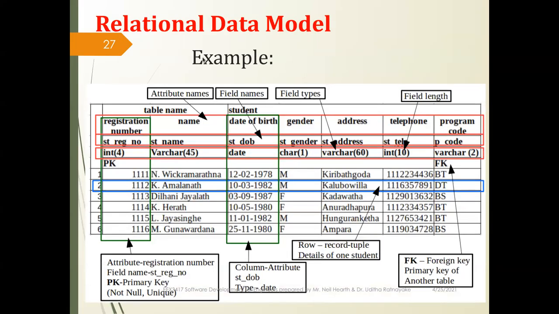Here you can see a relational data model, one table's example. The table name is student. Attributes are registration number, name, date of birth, gender, address, telephone number, program code, like that.